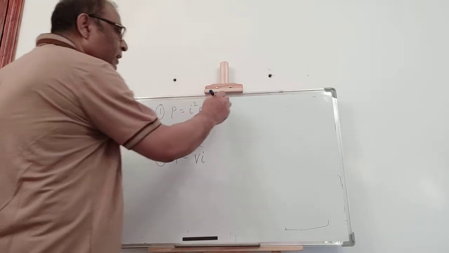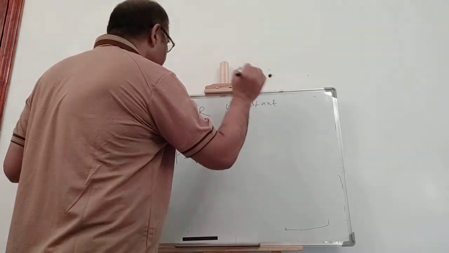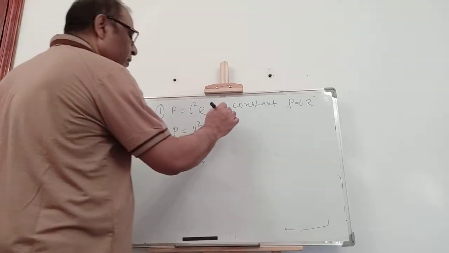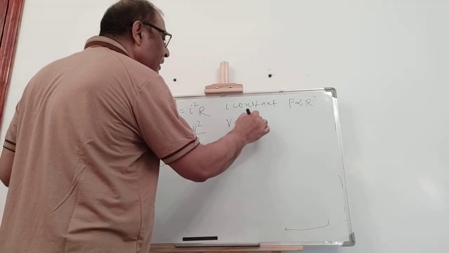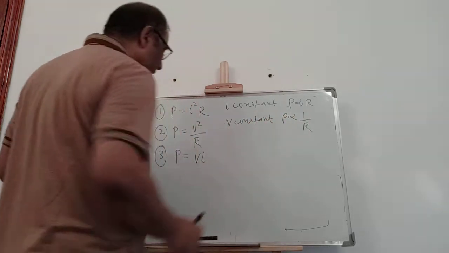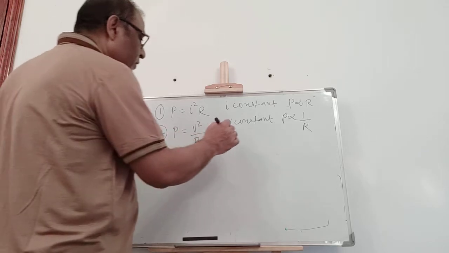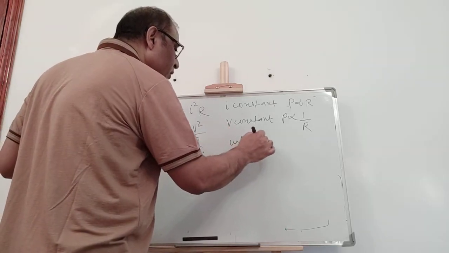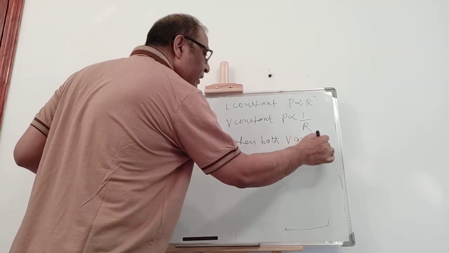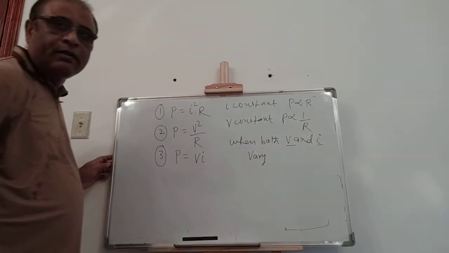you can tell that if I is constant, it means series, power is directly proportional to R. If V is constant, in parallel, P is proportional to 1 by R. And when both potential and I vary, then the formula P equal to V I is used.